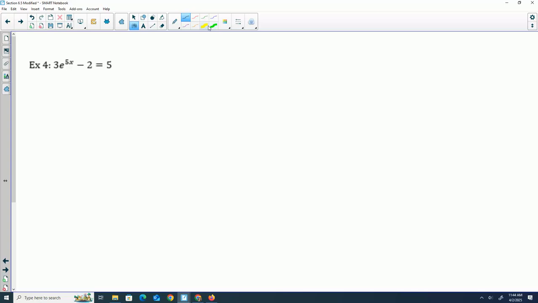I have to get that e part by itself, because when I add the natural log, I have to do the entire side. So it's 3e to the 5x equals 7. The e to the 5x is the thing with the exponent, so I'm still trying to get that by itself. The opposite of multiplying by 3 is divide by 3.